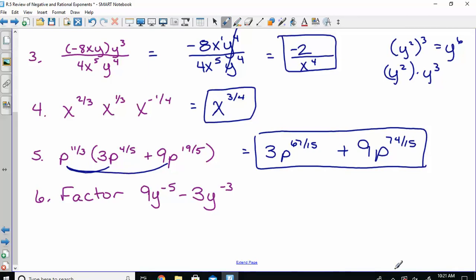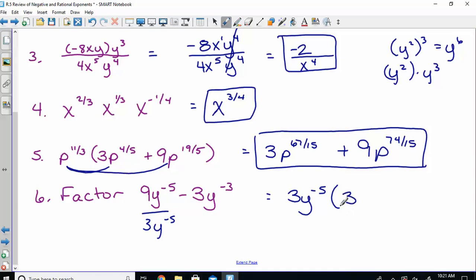And last one, I asked you to multiply. Or sorry, to factor. So if I am factoring that, what can I take out with the 9 and the 3? Take out the smallest power, which is negative 5. So factoring out, that's like dividing it.